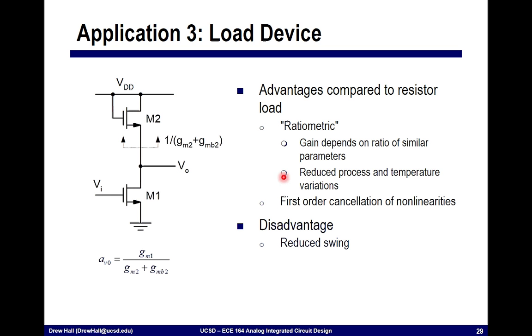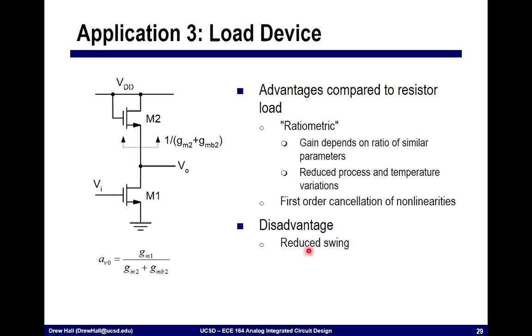The nice part is that it effectively cancels out large dependence on things like supply voltage changing, process, that is Kn and mu of these devices changing, Vt changing, and other temperature changes. A slightly less obvious benefit is that there's actually first order cancellation of some of these nonlinearities. This is something that we'll revisit a little bit later in the class. We'll actually derive the nonlinear behavior of this circuit.